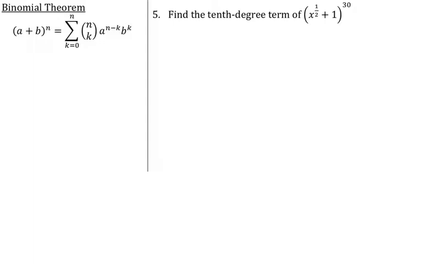And what this tells us is that every term of the expansion is a series where n is constant, and we start at k equals 0, and we just keep changing these numbers to different k's. That's what our series notation is.